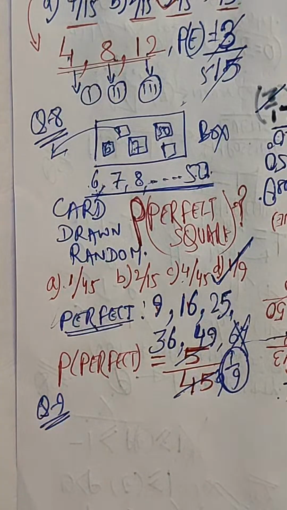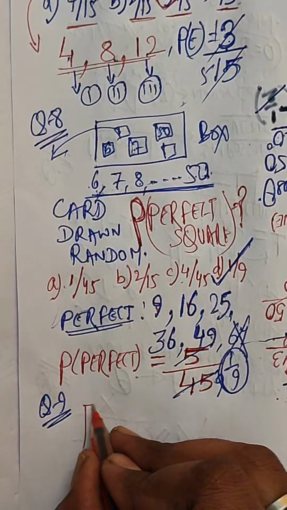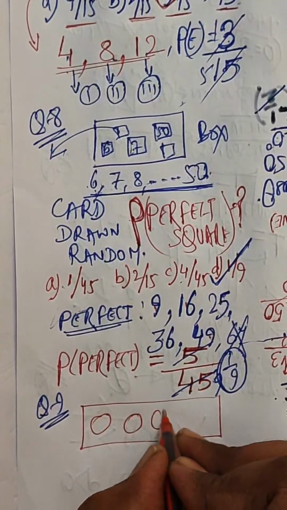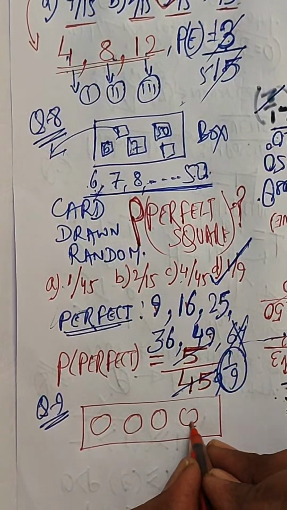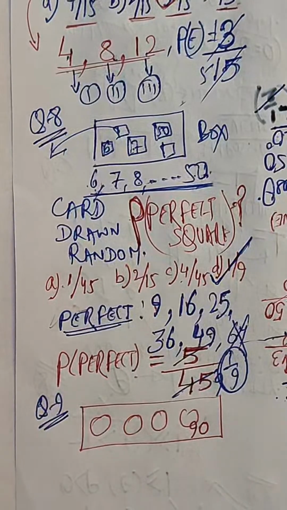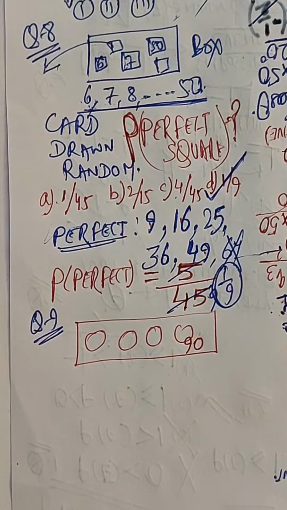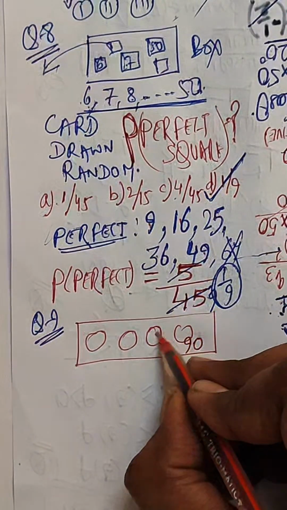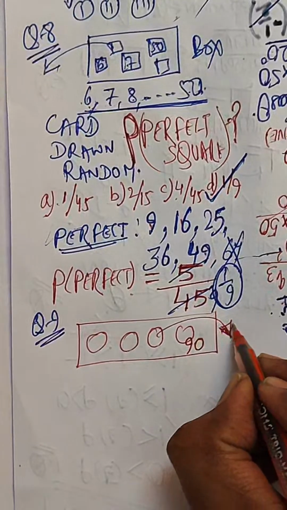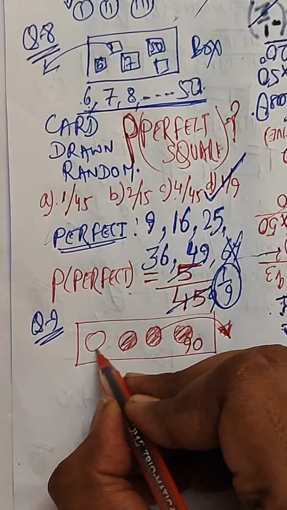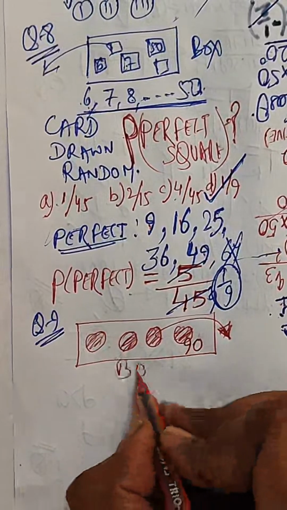So, in this question number 9, a box contains 90 discs. A box contains some discs. Okay. And these discs are 90 in number. Now, if one disc is drawn at random from the box, let us say any of the discs is drawn at random. These discs are put into the box.